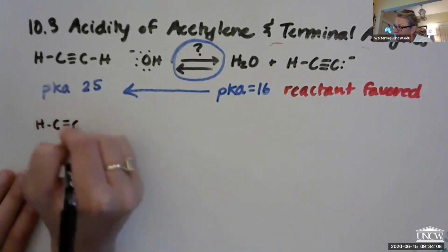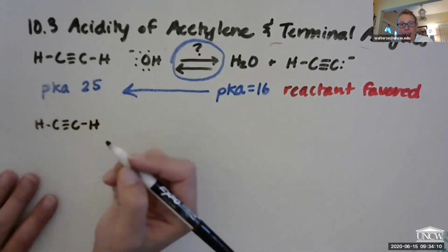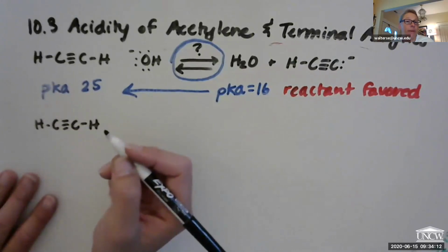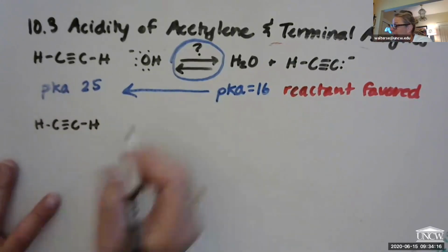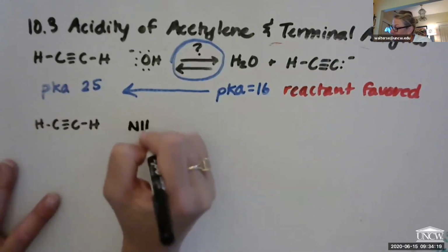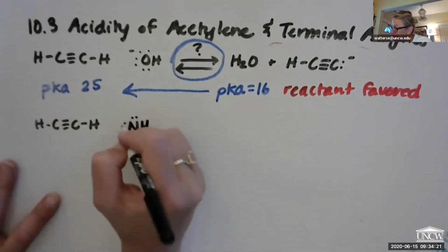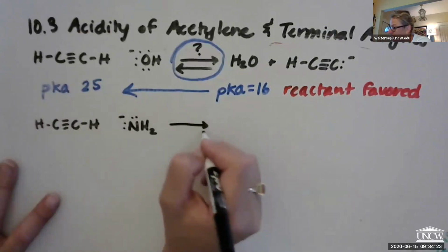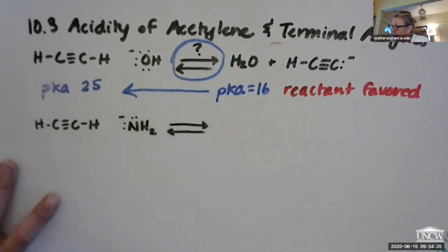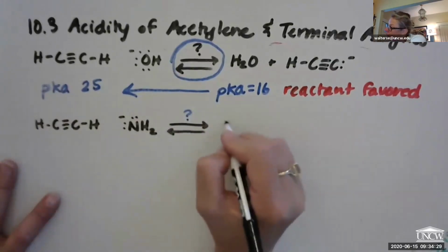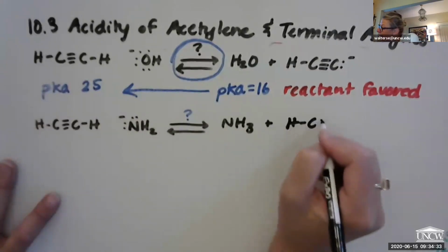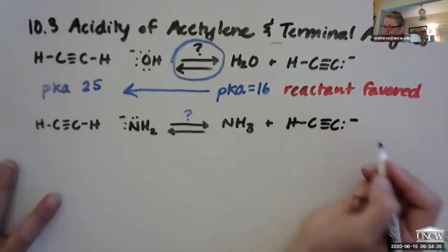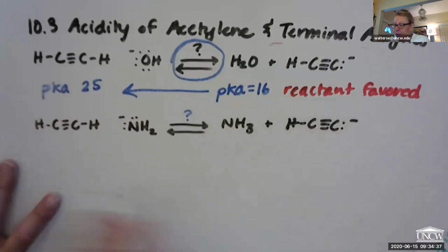And we've seen this base before when we talked about needing a super strong base to do the double elimination to make alkynes. You can use the amide. And again, you gauge the direction of equilibrium by the pKa's of the two acids, one on the reactant side, one on the base side.